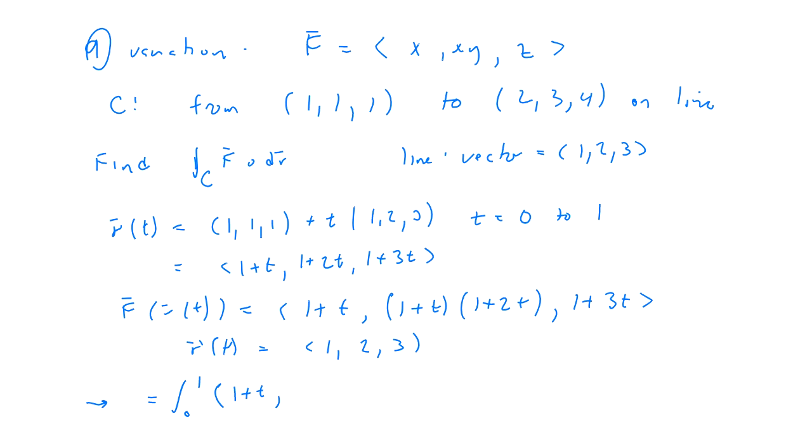So it's going to be, which I'm not going to do, since I made it up. So I'd get the 1 plus t plus 2 times the middle term plus 3 times the 1 plus 3t, which is a quadratic.